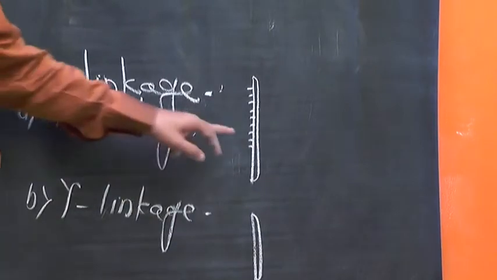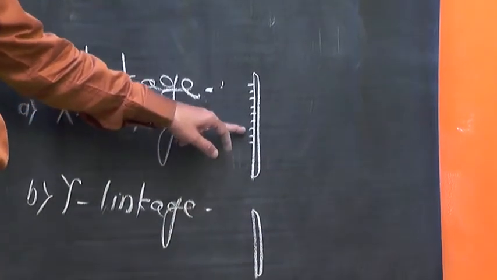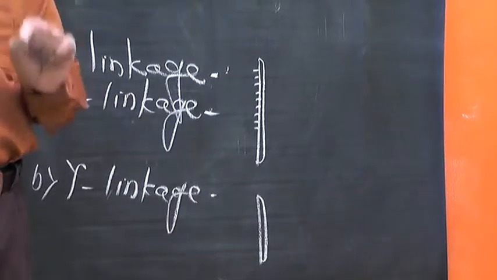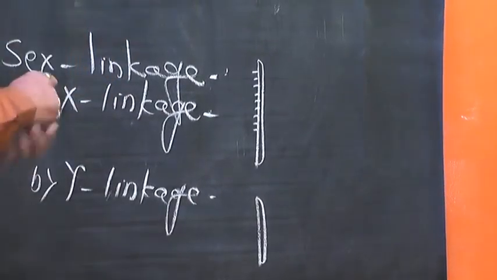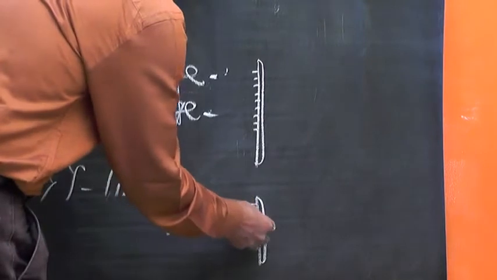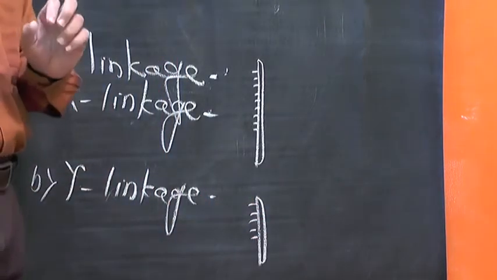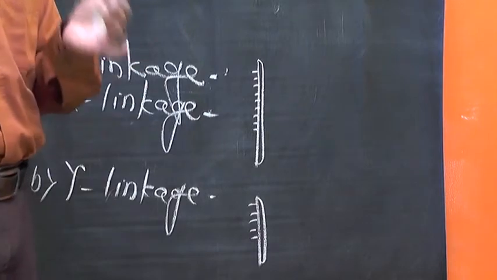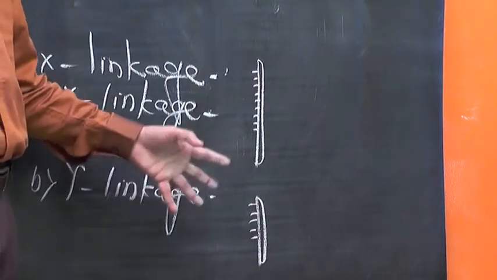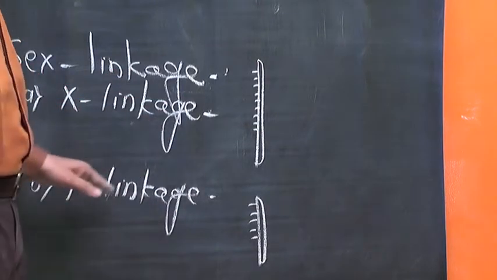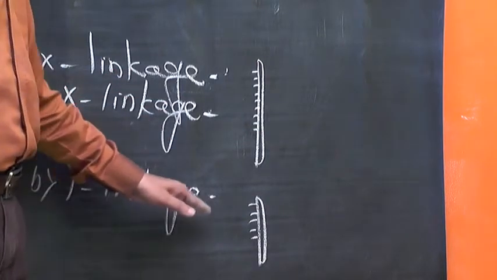The genes present on the non-homologous part of X chromosome are known as the X-linked genes, while the genes present on the non-homologous part of Y chromosome are called Y-linked genes, and that Y-linked genes always remain together and inherit together. Hence, that phenomenon is called Y linkage.